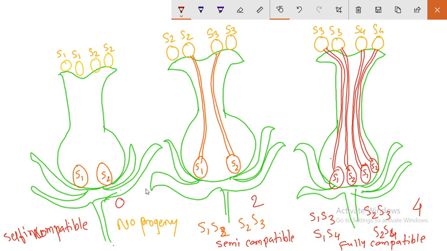So it is the example of self-incompatibility in Nicotiana or tobacco.